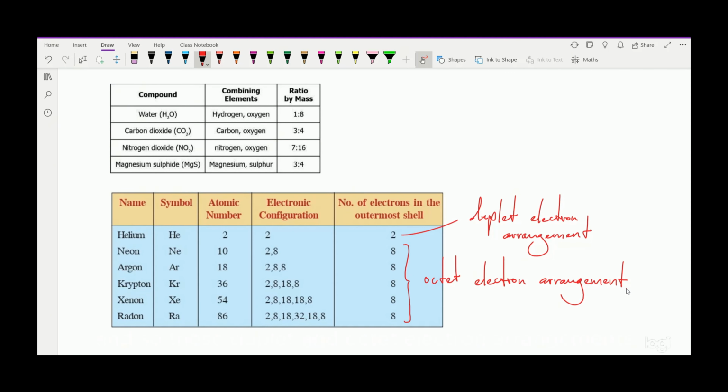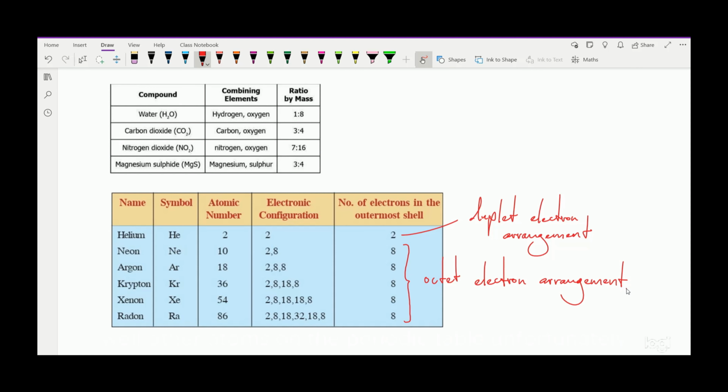And so these duplet and octet electron arrangements, as mentioned, are very stable, and they do not need to form chemical bonds with other atoms to achieve stability.